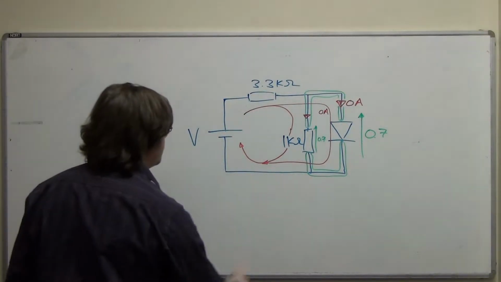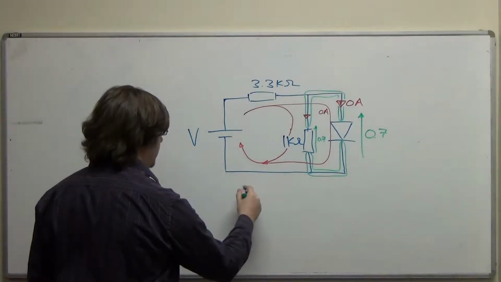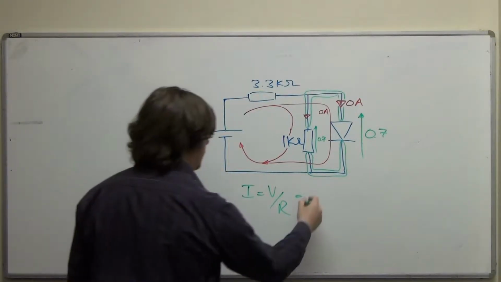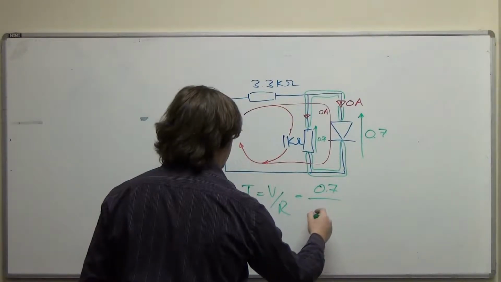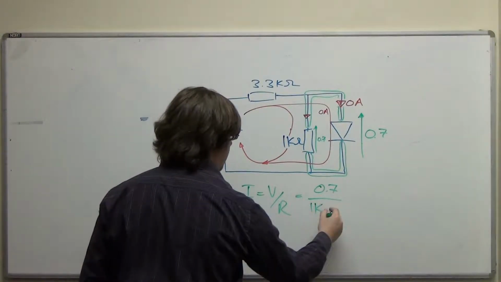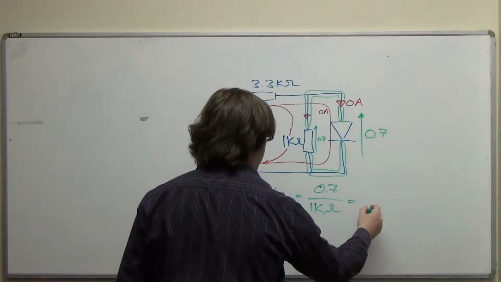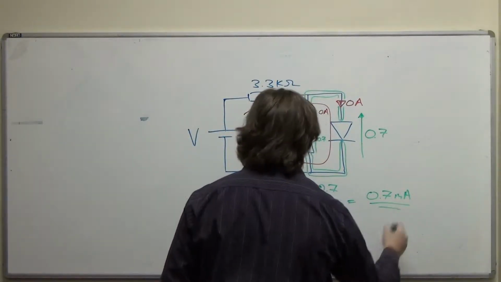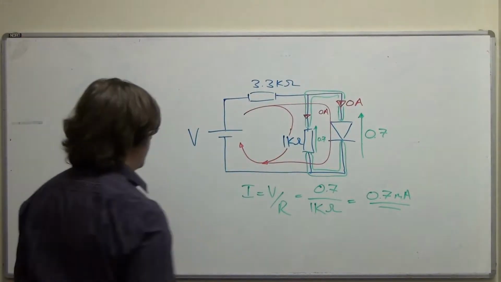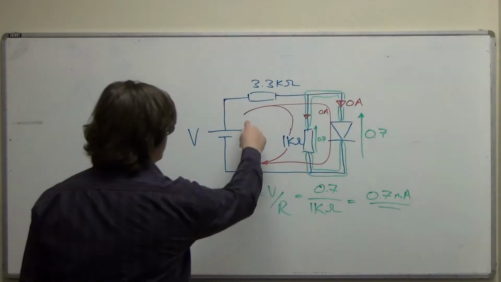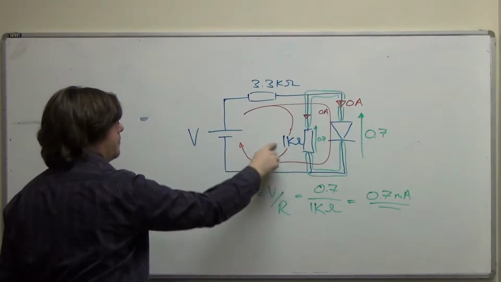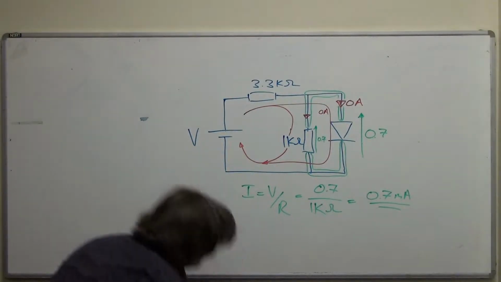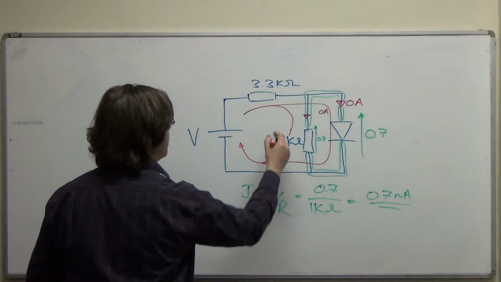So we'll say I is V over R, which is 0.7 over 1 kiloohm, and that's 0.7 milliamps. So I've worked out what the current is in this loop here now. I know it's 0.7 milliamps.